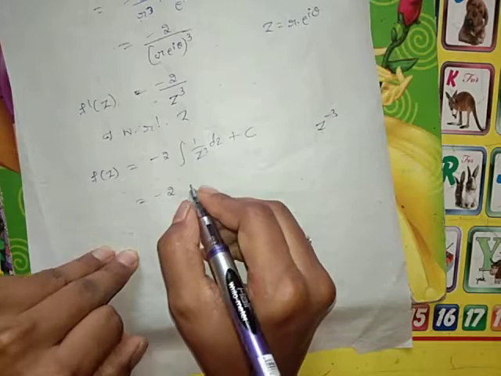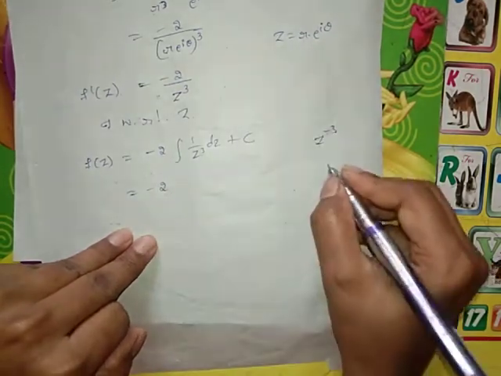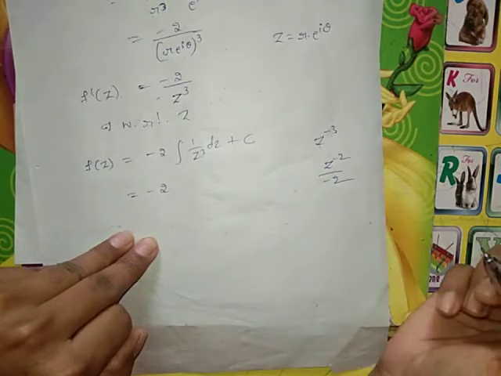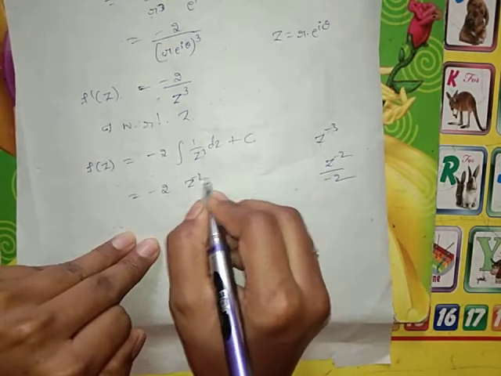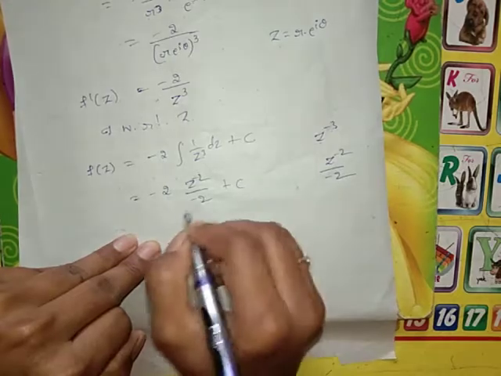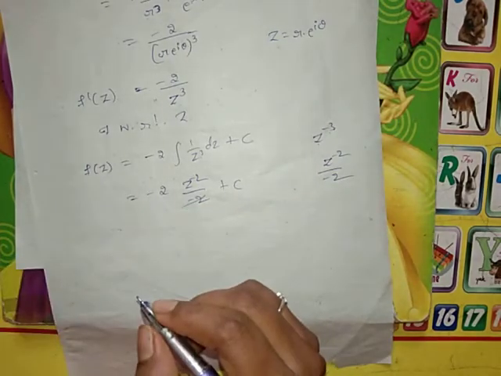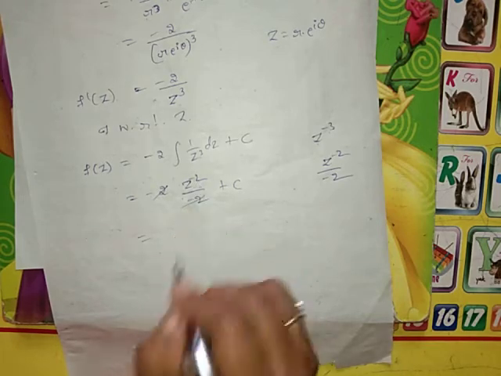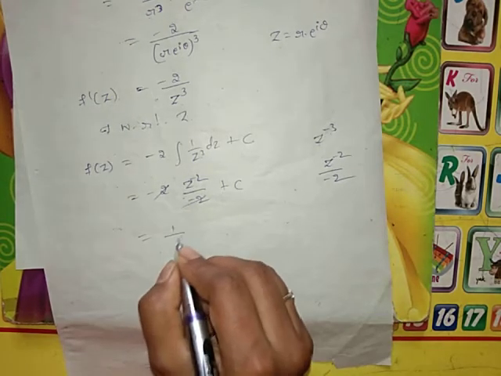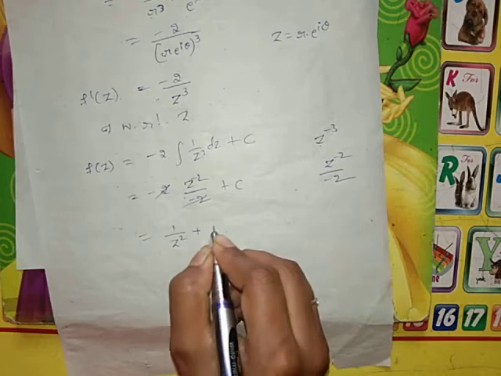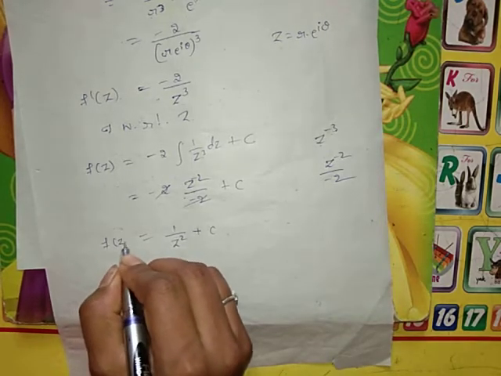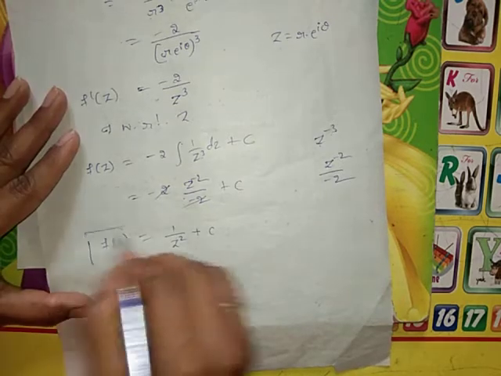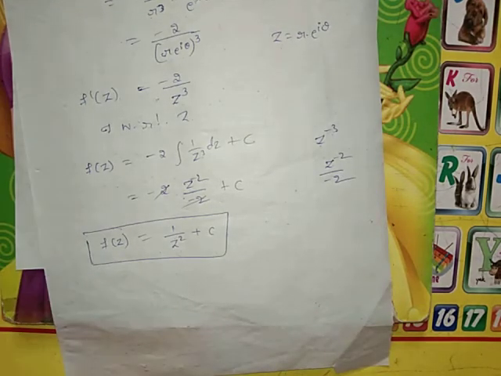Integral of z raised to minus 3 is z raised to minus 3 plus 1, that is minus 2, divided by minus 2, plus c. Minus 2 minus 2 get cancelled. So remaining is z raised to minus 2. Z raised to minus 2 can be written as 1 by z square. That is our f of z equal to 1 by z square plus c. So that is the required analytic function.